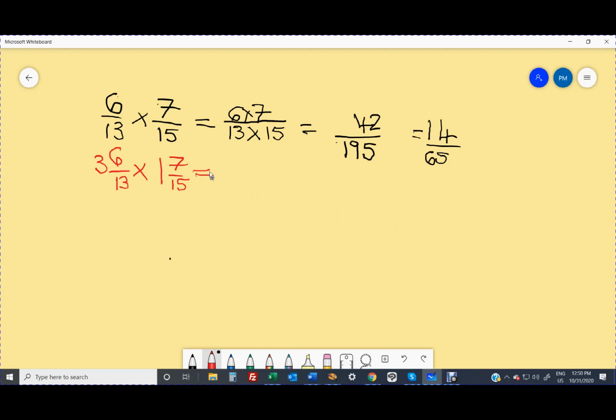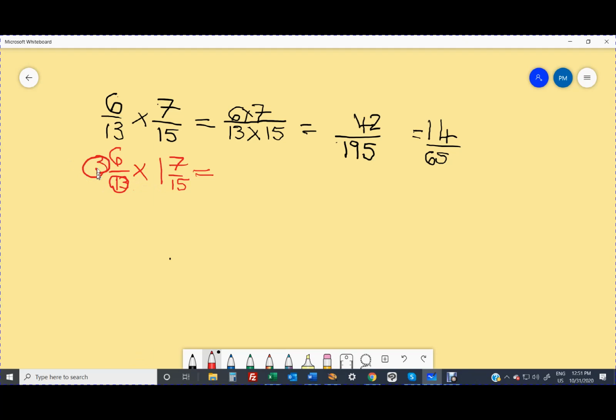First thing we have to do is change 3 and 6/13 into a large fraction. Okay, and the way we do that, we multiply this 13 by that 3.